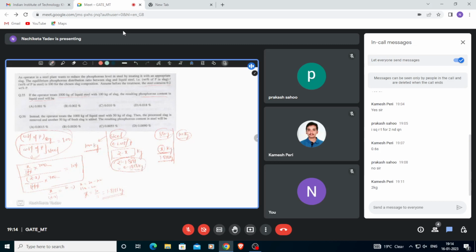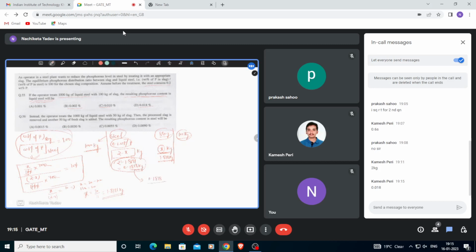So here we have to find the resulting phosphorus content in liquid steel. It is asking for percentage, so what will be the weight percent? This is in kg, so 0.1818.